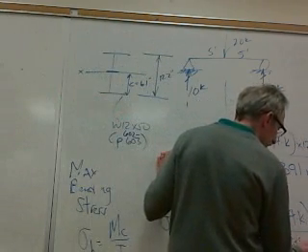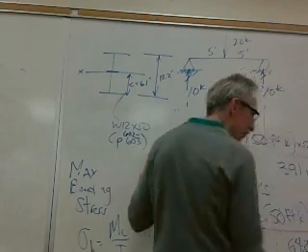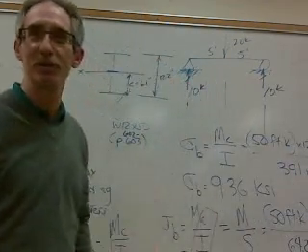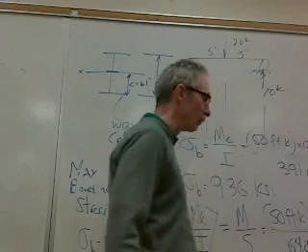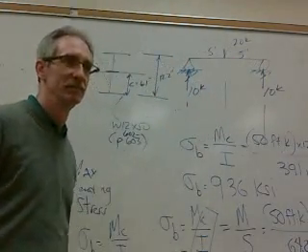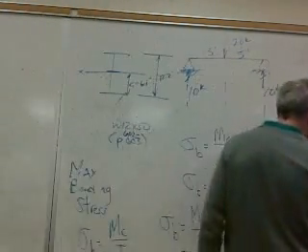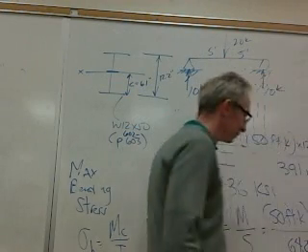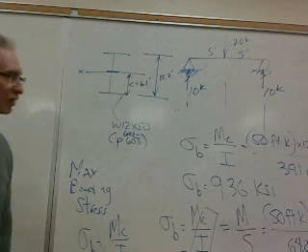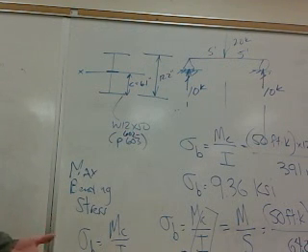Now notice its units are only inches to the third, so again we're going to come up in KSI. And when I do that, what do I get? Okay, same thing. Okay. So again, you can use either one.